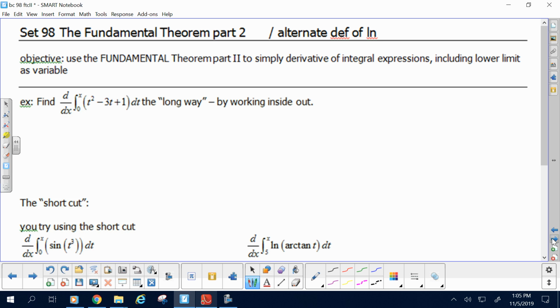Let's go to a couple fundamental theorem of calculus part 2 exercises. If I asked what is the derivative of this integral defined function, let's do it once the quote-unquote long way. Working inside out, what is the antiderivative of t squared minus 3t plus 1?